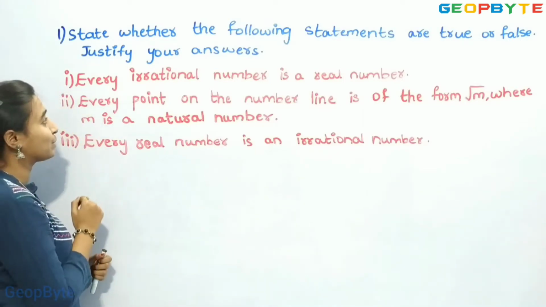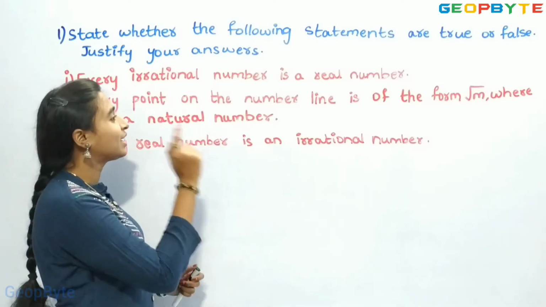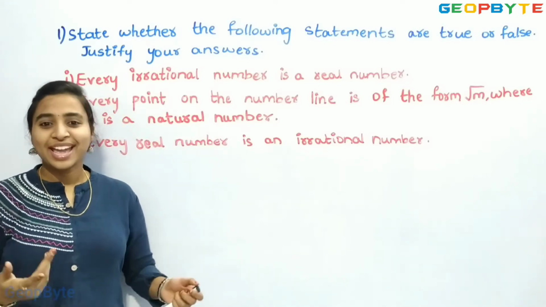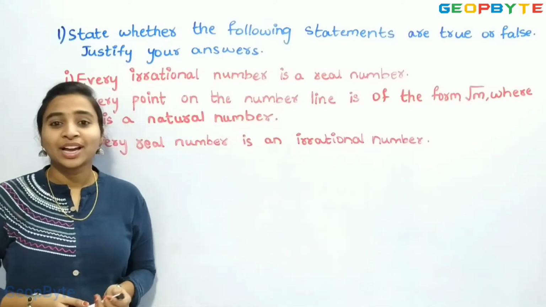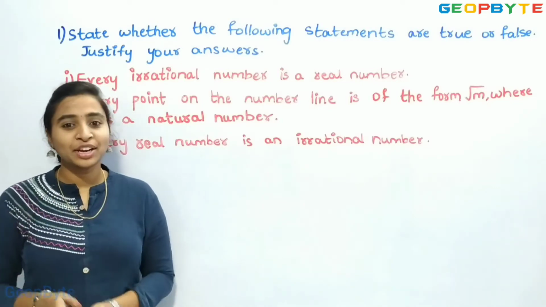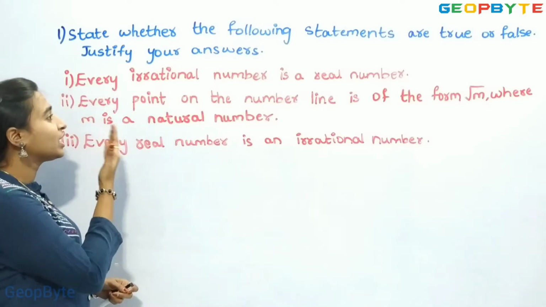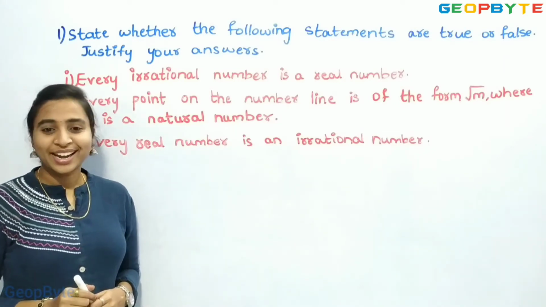The first statement is, every irrational number is a real number. Yes, it is true because real numbers are a collection of rational numbers and irrational numbers. So, every irrational number is a real number. It is true. Let us write.